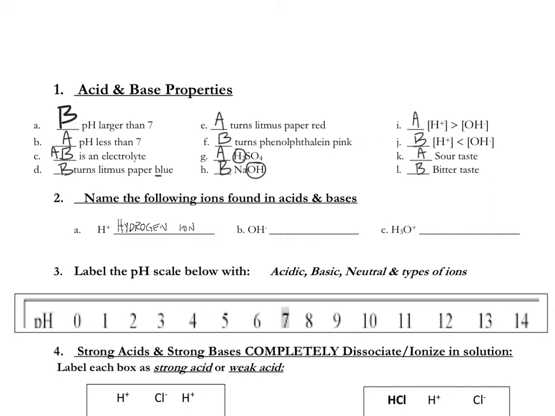Yes, we know a proton is in the center of an atom, but we call it a proton because it has a positive charge. So just remember that H+ is either referred to as a hydrogen ion or a proton. So it's got two names. An OH- is a hydroxide ion.